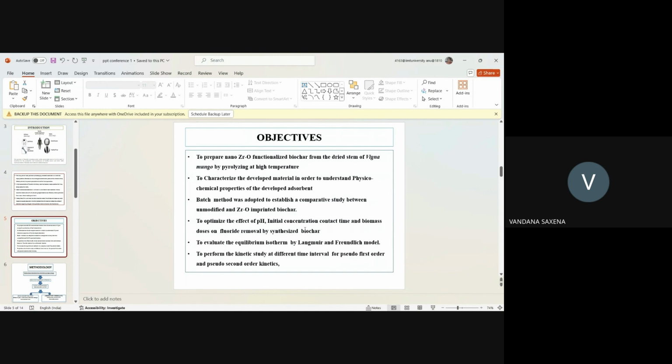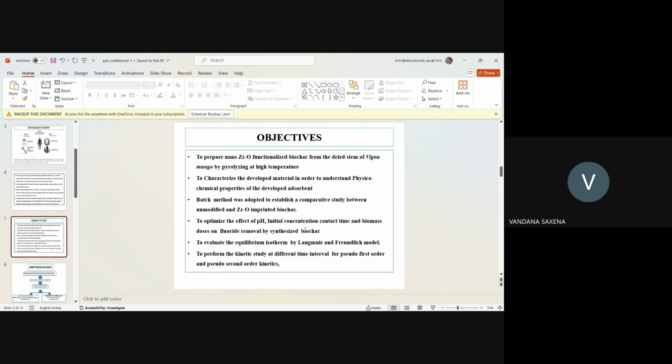After developing the biochar by pyrolyzing it, we functionalized it with nano zirconium. We then characterized it using SEM, EDX, XRD, and PZC in order to identify its physicochemical properties, which can help us understand the possible mechanism involved in the defluoridation.